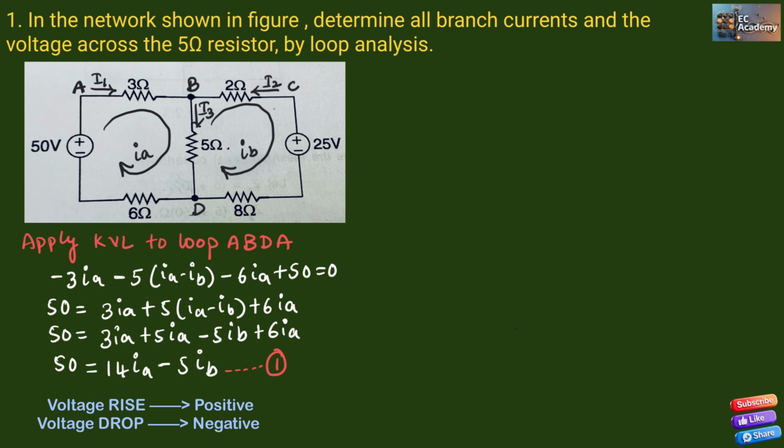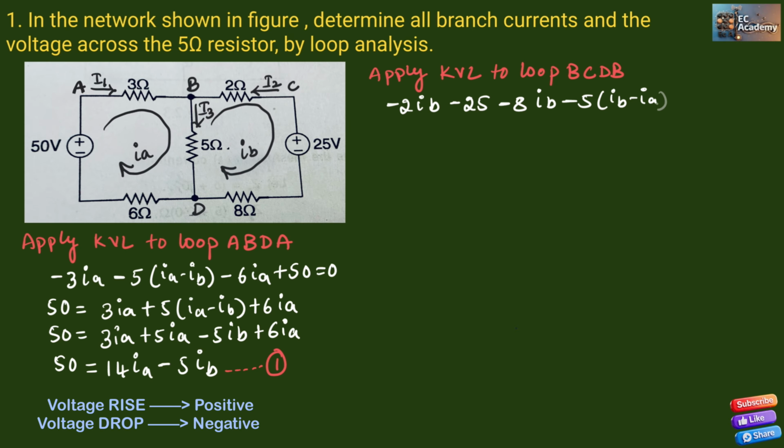So if we apply KVL to the loop BCDB, we can write minus 2IB minus 25 minus 8IB minus 5(IB minus IA) equal to 0. So we can write minus 25.